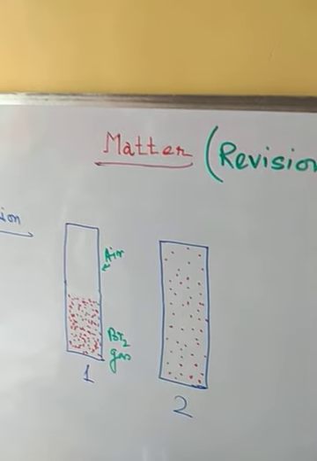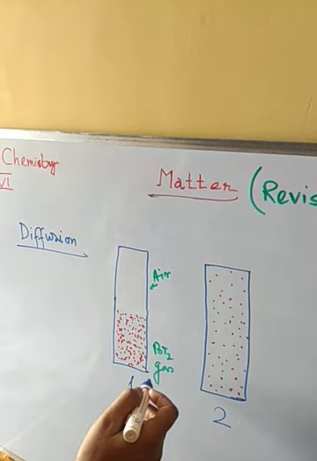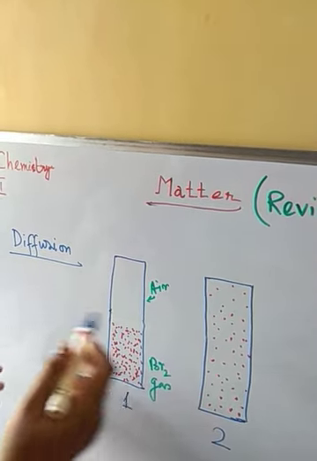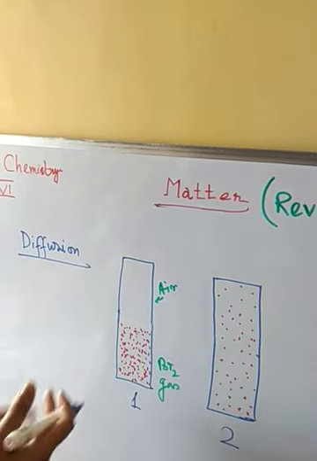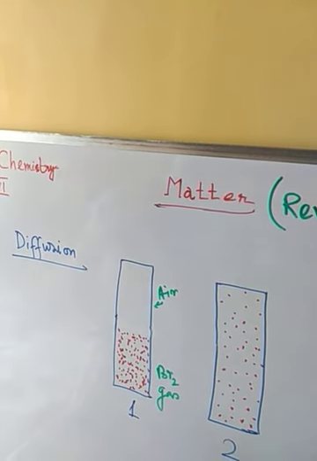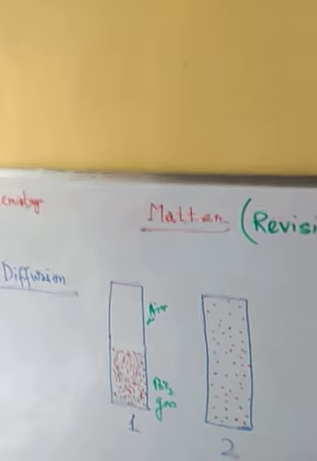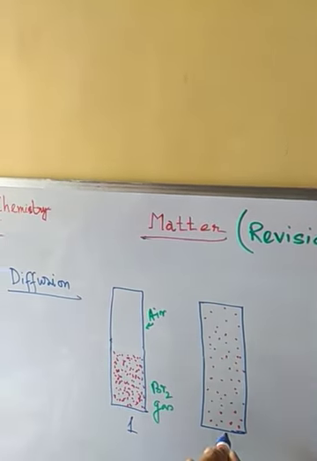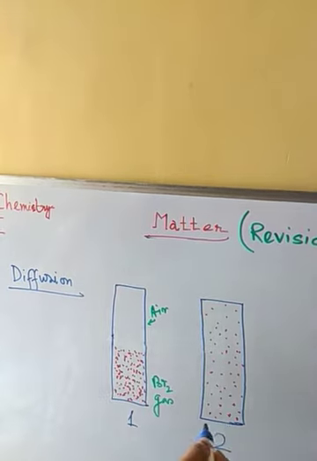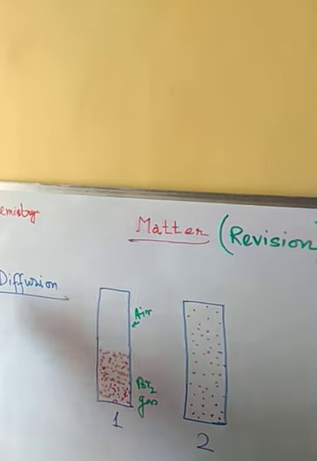So because of diffusion, the bromine molecules and air intermix between them, two types of particles will be there, and afterwards we can see the color of the bromine gas all over in the mixture. This is because of diffusion.